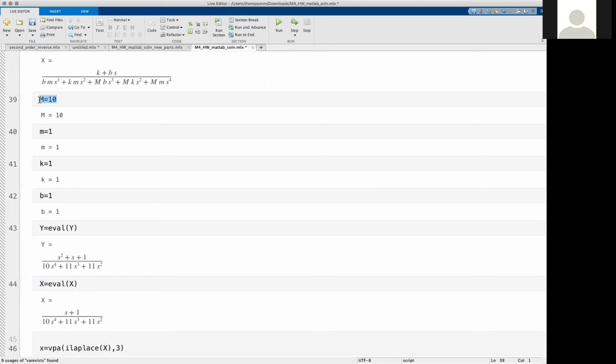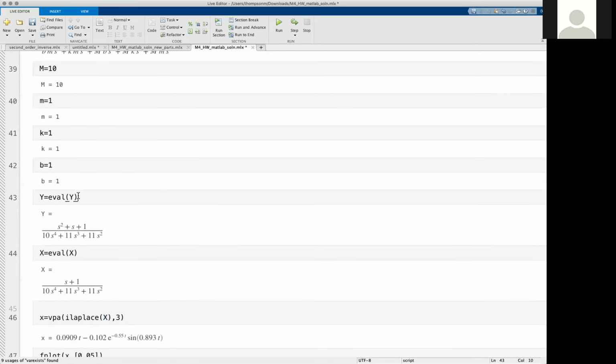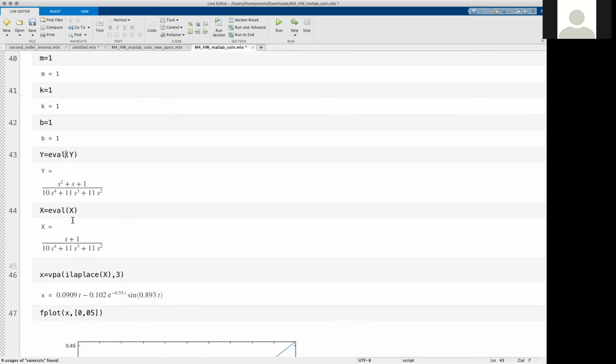But I'm just going to make up some numbers. So the big truck or the big mass would be larger than the small mass, and then I made up a spring constant and damping constant just to play around with these things, and then to convert from symbolic to an expression that you can do more easily an inverse Laplace transform on, I use this eval command, which takes these parameters and evaluates y at those parameters, so you get a specific Laplace transform.